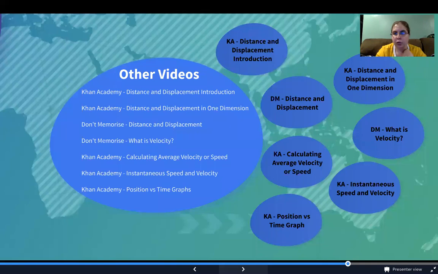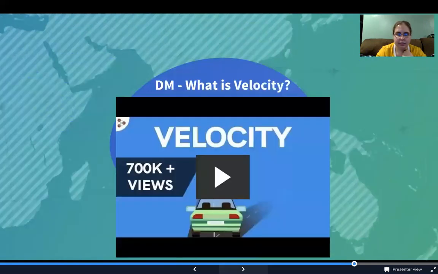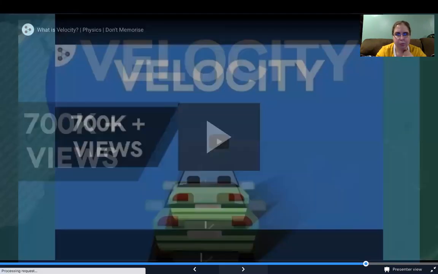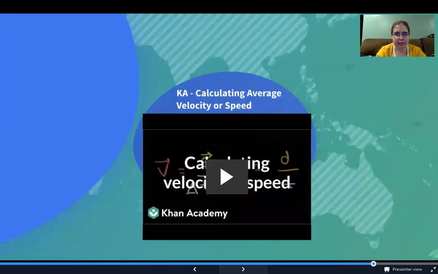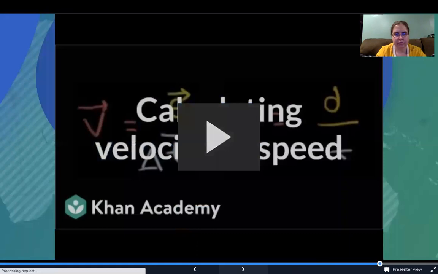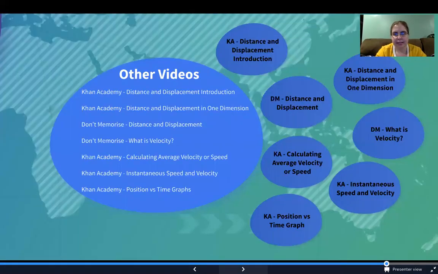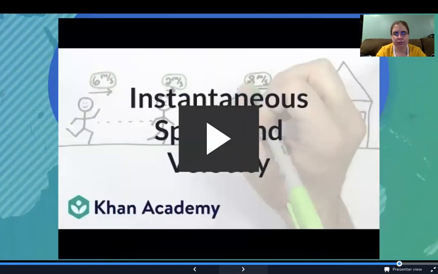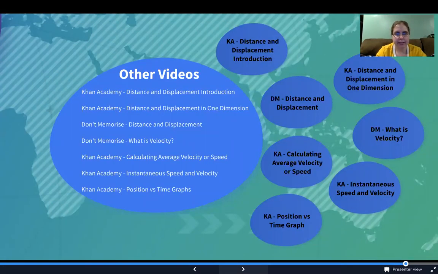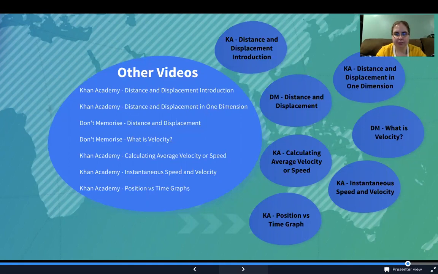Don't memorize what is velocity. Khan Academy Calculating Average Velocity or Speed. Khan Academy Instantaneous Speed and Velocity. And Khan Academy Position versus Time Graphs.